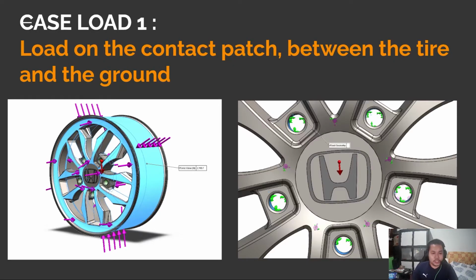I'm going to explain load case 1, which is the load on the contact patch between the tire and the ground. As you see in the figure on the left, the reaction from the ground acts from the bottom. Then we can assume the car is static. There will be other forces acting on it, as you see in the purple arrow.